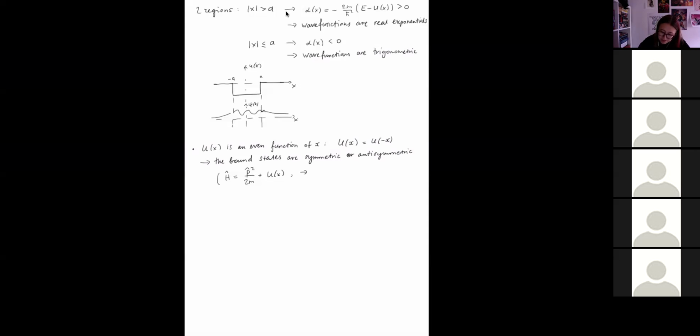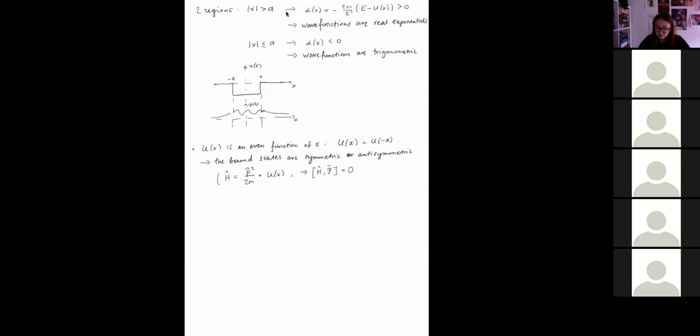Which means that the Hamiltonian commutes with the parity operator P that we looked at before. And the one thing we know about the parity operator is that its eigenfunctions are either odd or even, so they are either symmetric or antisymmetric.